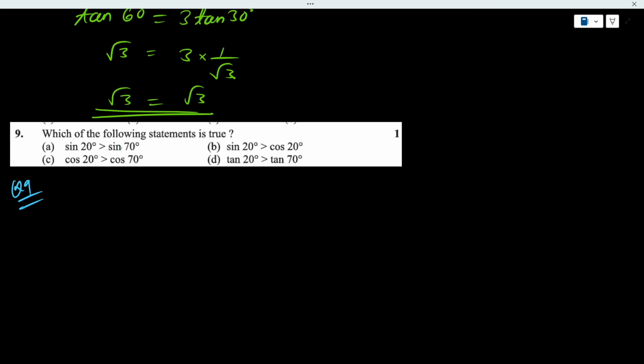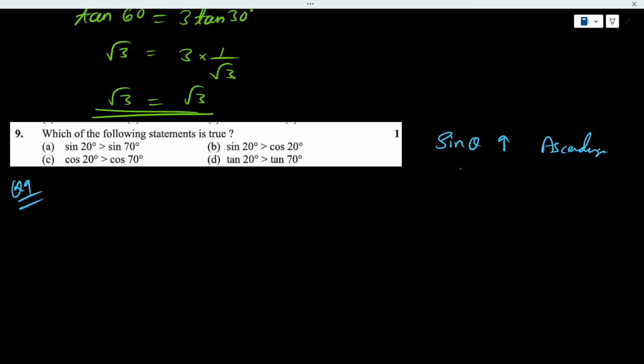Now, you should know that you have learned specific angles only for 0 degrees, 30 degrees, 45 degrees, 60 degrees and 90 degrees, and here the angles given are 20 degrees and 70 degrees. So what are you going to do? You need to remember that from 0 to 90 degrees sine theta increases, that means it is in ascending order.